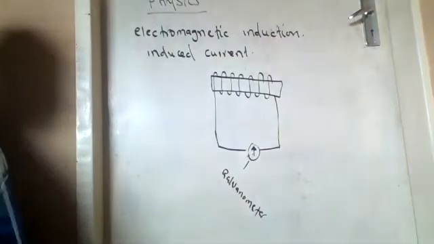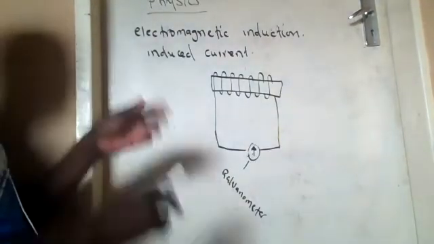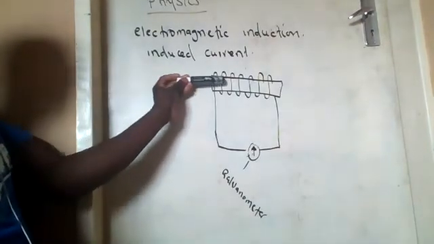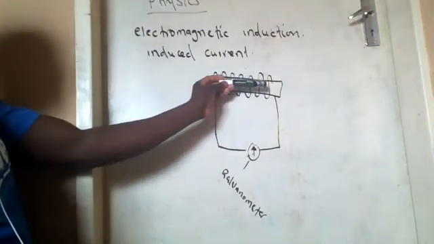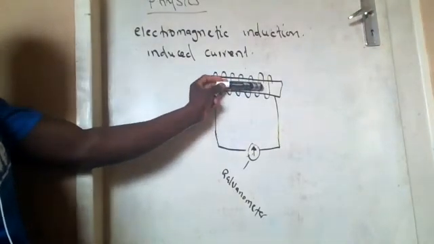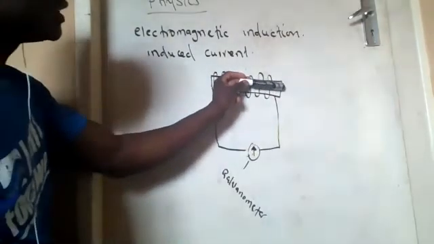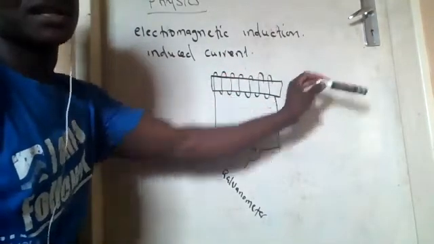So what happens is that we're trying to look at the scenarios. One, when you are inserting the magnet inside of the solenoid. Two, when the magnet is stationary inside the solenoid. And then the third situation is when the magnet is going outside the solenoid.